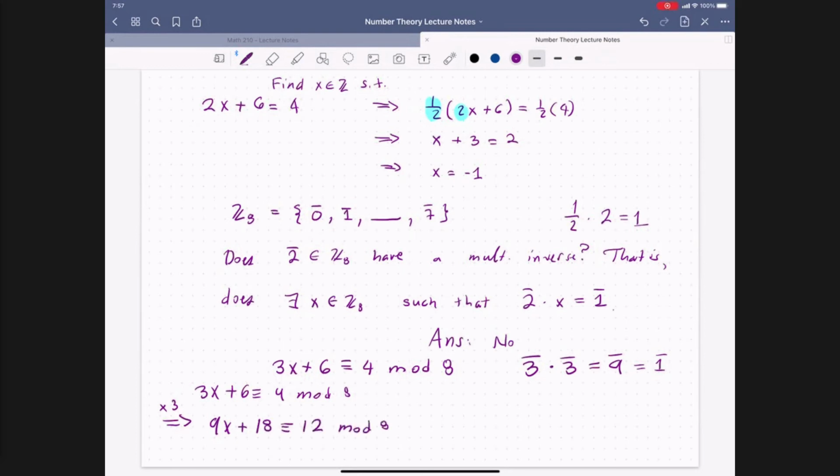So we can subtract the 18, and we have 9x is congruent to minus 6 mod 8. But now, let's look at 9. 9 is just 1 mod 8.